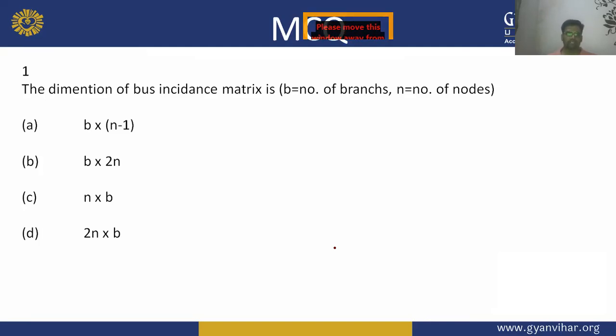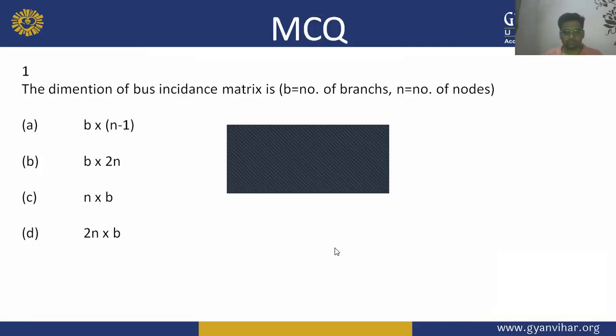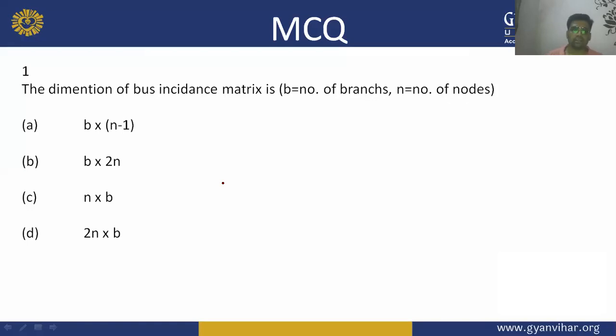Will it be B cross N minus 1, or will it be B into 2N? Will it be N into B, or will it be 2N into B?